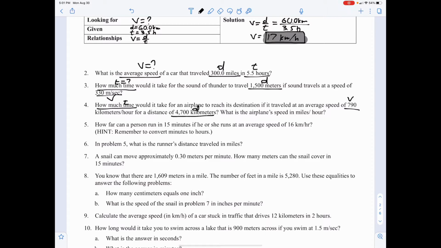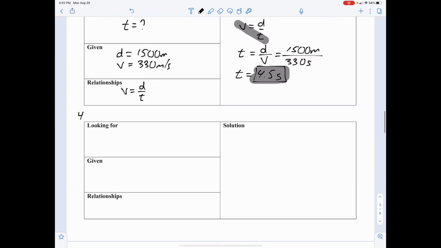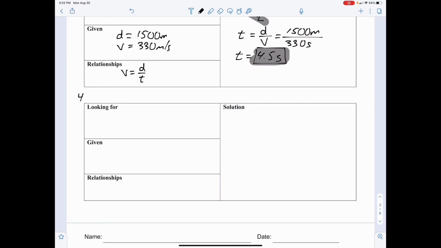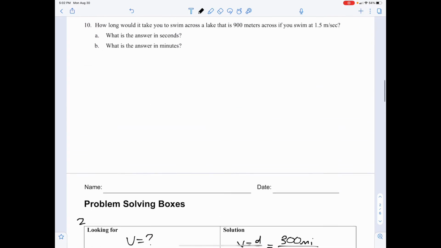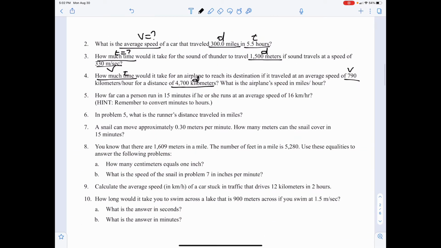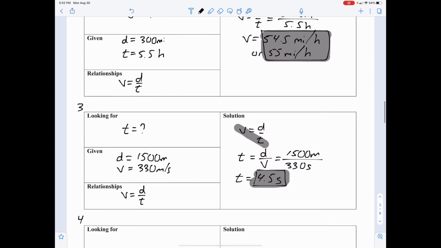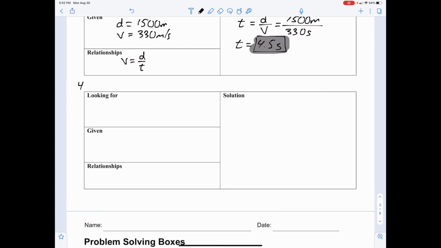That would be distance. Okay, so we're looking for time. We're given the speed was 790 kilometers per hour. We're given the distance was 4,700 kilometers.